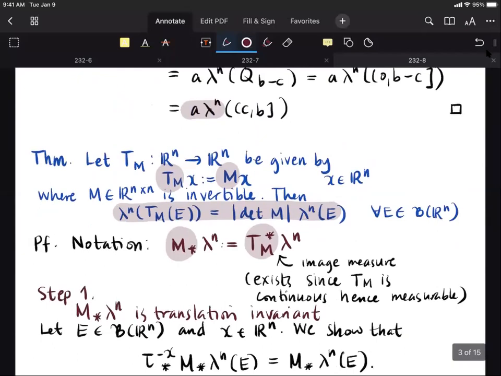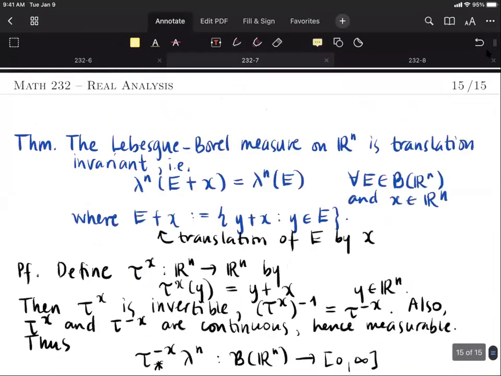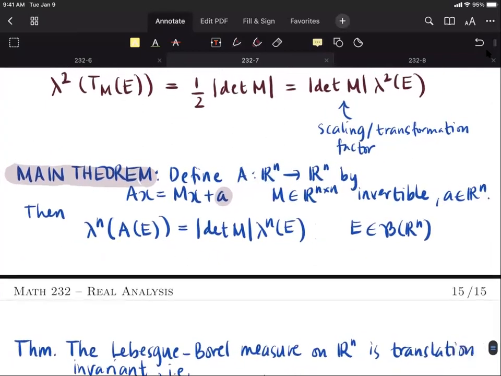So this theorem, combined with the translation invariance of the Lebesgue-Borel measure, leads to the proof of our main theorem. So the effect of the Lebesgue measure under an affine transformation is the following.